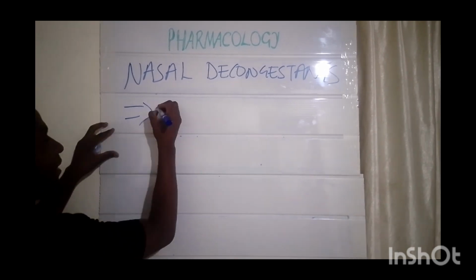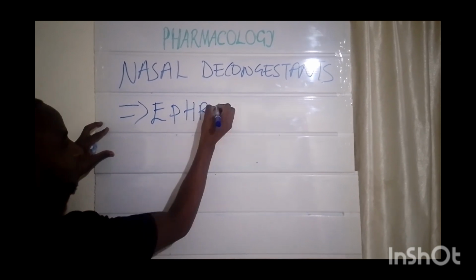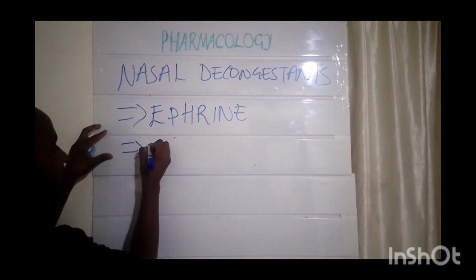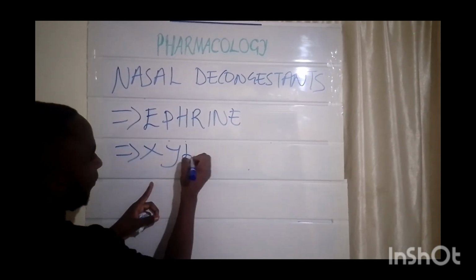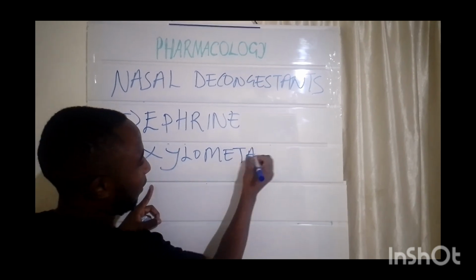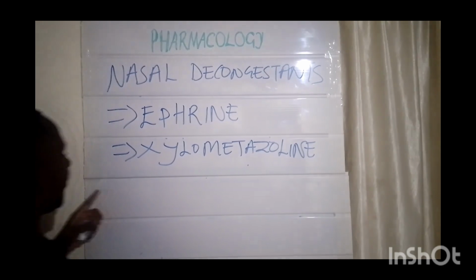So you have drugs like Ephedrine. This is a drug. You also have drugs like Xylometazoline. This is another example of a drug.